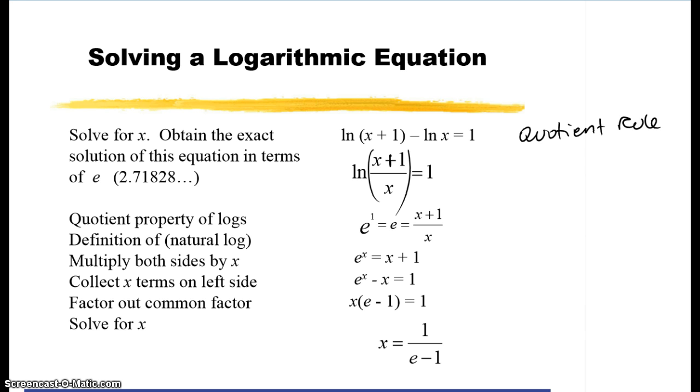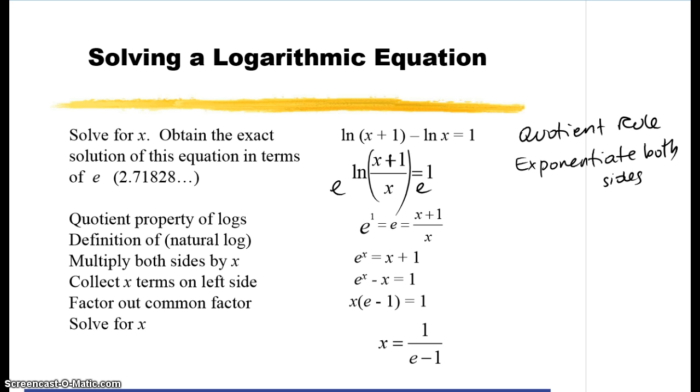Now what we're going to do next is exponentiate both sides. What that sort of means is do e to the power of both sides. And then on the right-hand side we get e to the first power, which is just e. And on the left-hand side the e and the ln will cancel out and you're left with x plus 1 over x. So we get e is equal to x plus 1 over x.